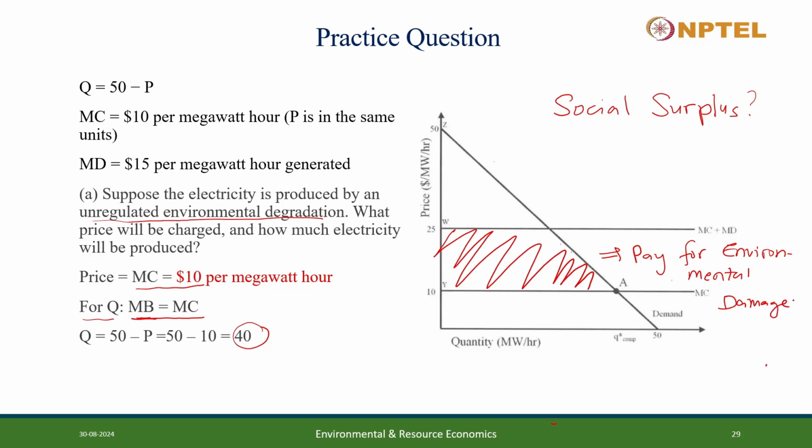So for social surplus, we are subtracting the damage from the consumer surplus. So now what will be the area? Paul, what will be the area? Consumer surplus area.